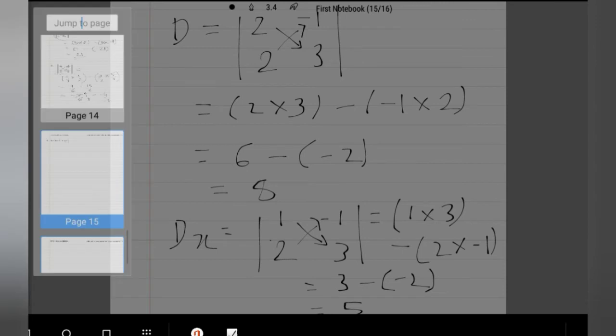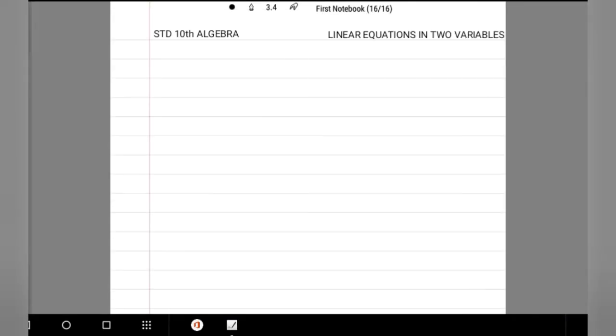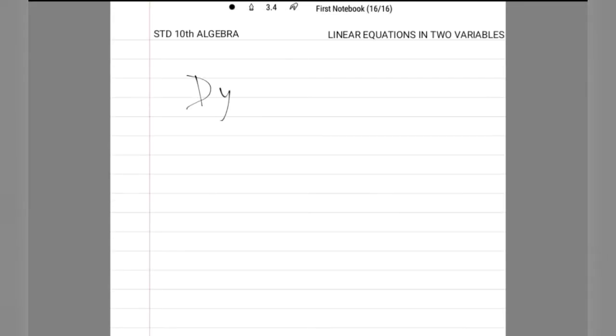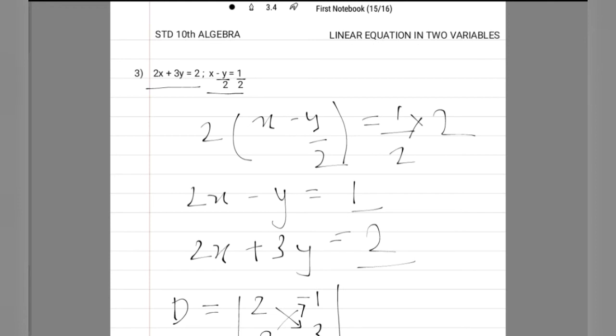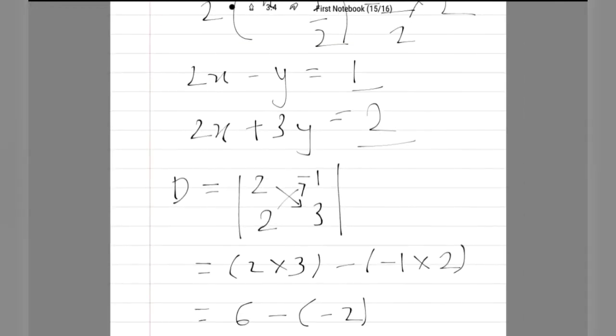So further we have to find the value of dy. That is, how do we write the determinant of dy? The x coefficients remain the same, and we change the y coefficients to constant coefficients. So what are the x coefficients? 2 and 2.